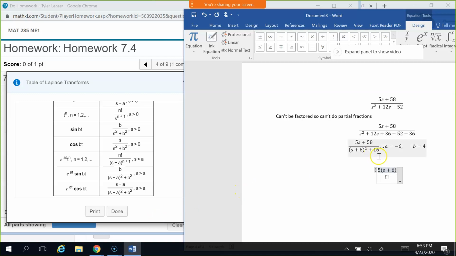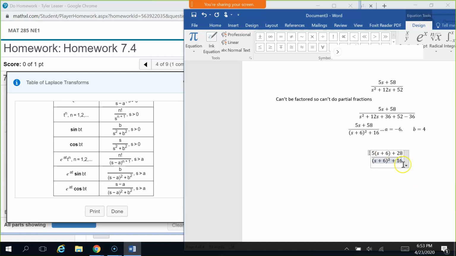So I'm just going to force it to be an S plus 6. So this is now 5 times 6 is 30. So of the 58 that we have up top, I've already used 30 of it, which means that there's 28 left over.